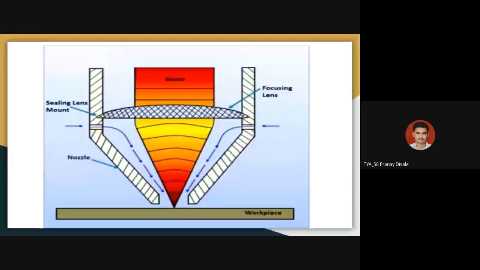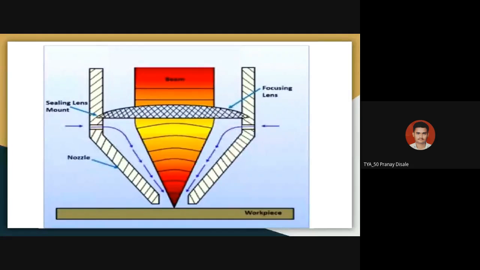Now see this figure. In this figure, this is a laser beam. I have shown that beam in red color. So a series of photons are coming from that lasing medium, from the higher energy level to the lower energy level.